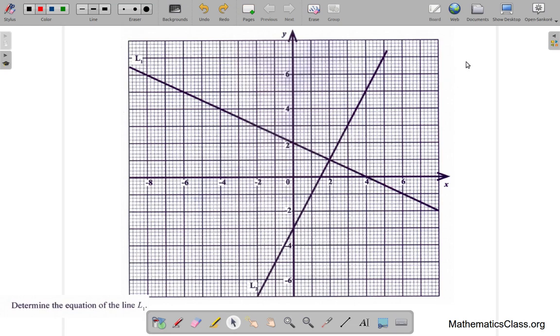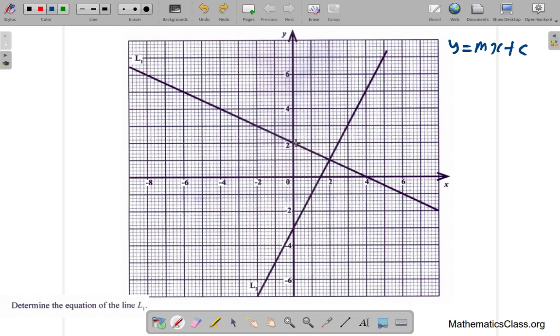Generally, the equation of a straight line is y equals mx plus c, where m is the gradient and c is the y-intercept, wherever it cuts the y-axis.